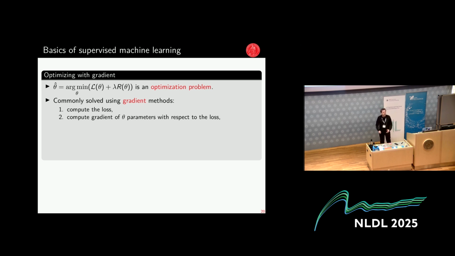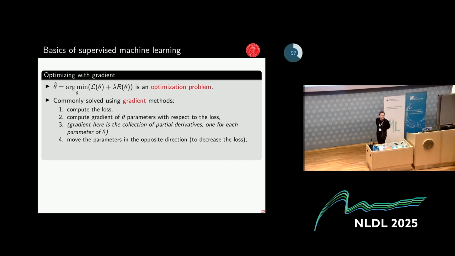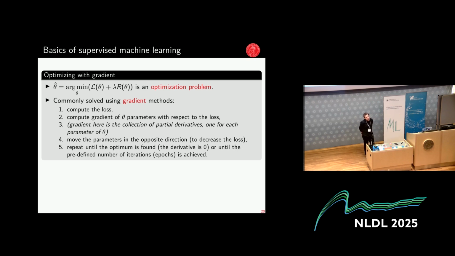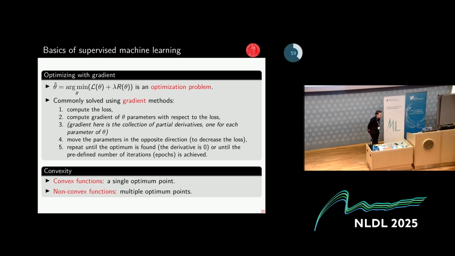But basically, we just compute the gradient of the loss with respect to the parameters and try to find in what direction we should change the values of the parameters of the model so that the loss decreases. So we just move all the parameters in the direction opposite to loss increasing, right? And we repeat it until we find some optimum value, right?